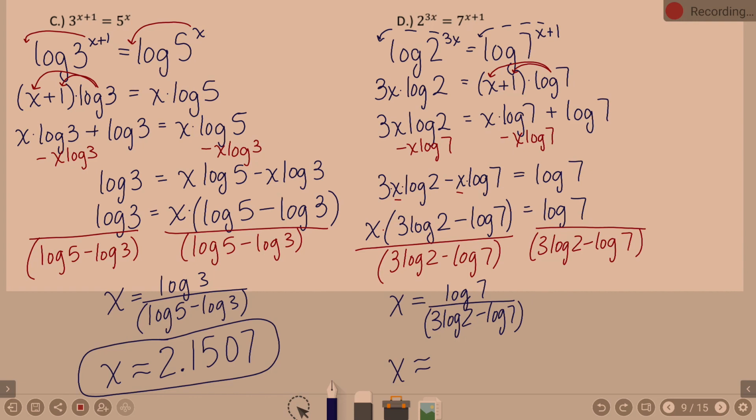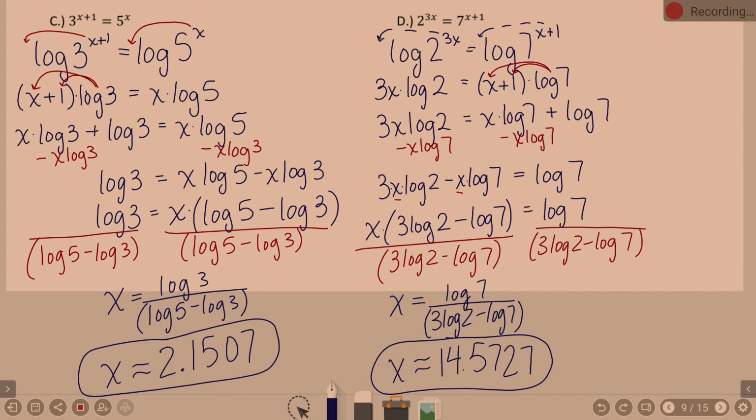It was 4 decimal places if you remember from yesterday. So 14.5727. Okay, that's your refresher on exponential equations.